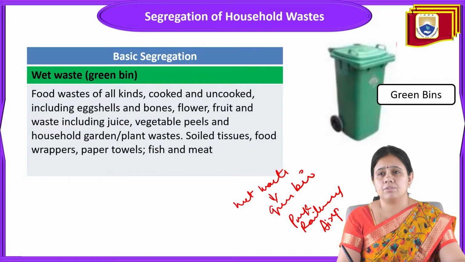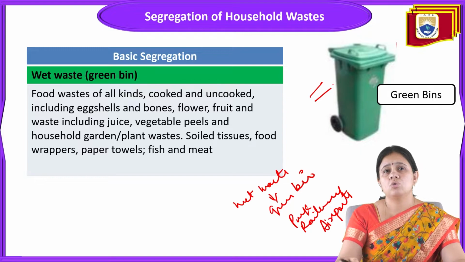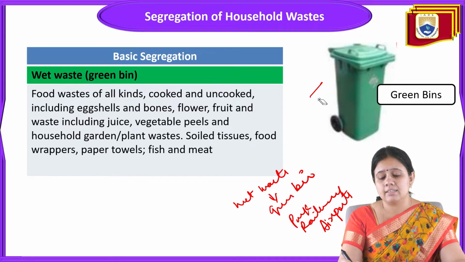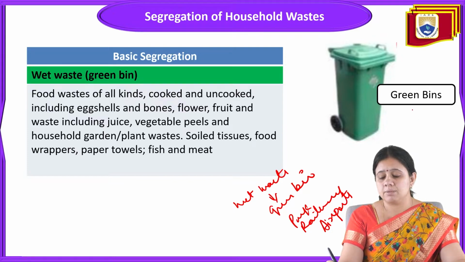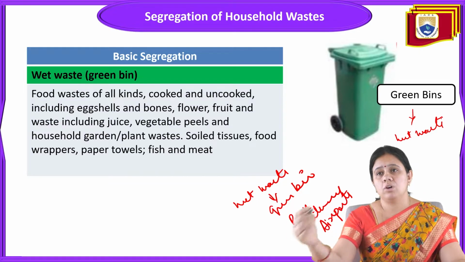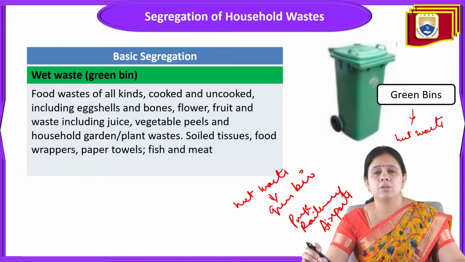This type of bin has been installed in every area. So you can get an idea that this green bin is for wet waste only. If you go outside, you can put your wet waste in a green bin only.